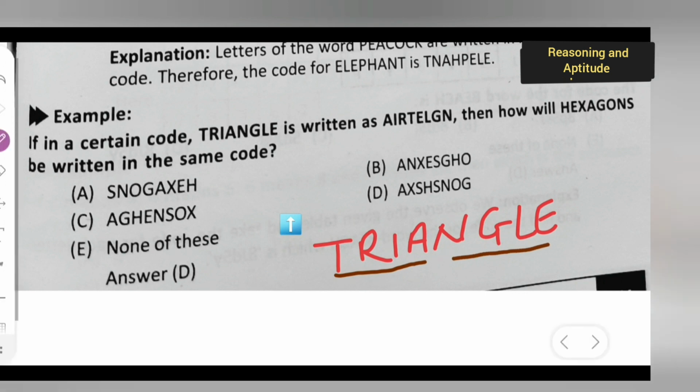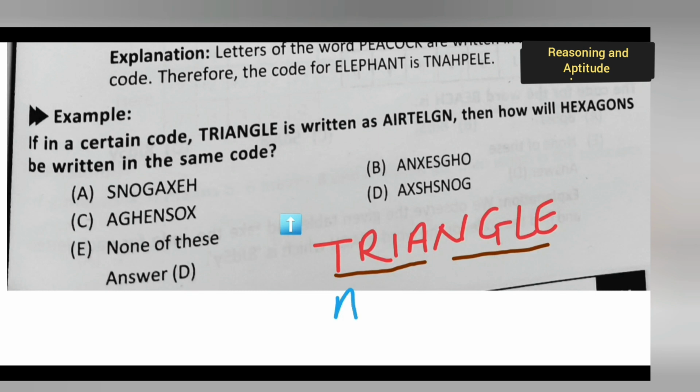You have to write the first part as AIRT, you got AIRT over here. Then the second part will be in reverse order, ELGN.